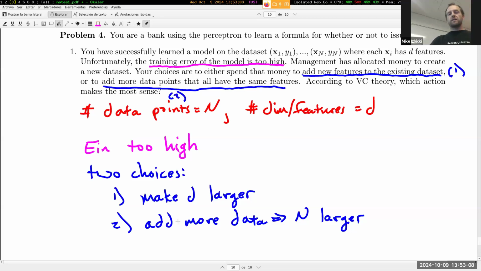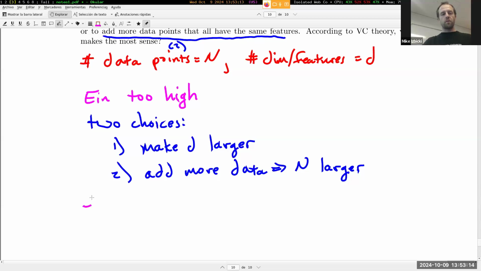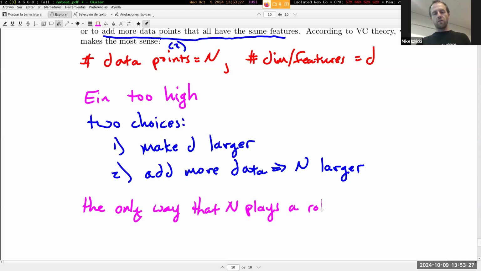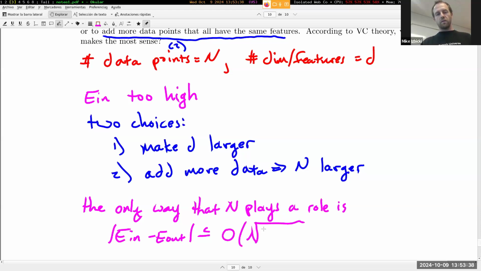Well, the VC dimension stuff: the only way that N factors into any of the equations that we've seen is that the generalization error, E_in minus E_out, is bounded by O of the square root of d_VC divided by N, ignoring some other terms that are not important for our current discussion.